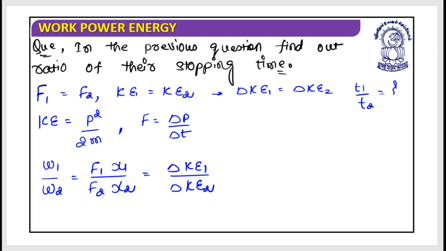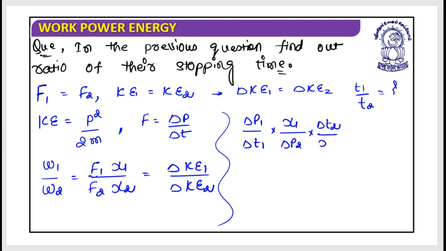Now I can replace the force with the help of delta P by delta T. So it's delta P1 divided by delta T1 multiplied by x1, over delta P2 divided by delta T2 multiplied by x2, equal to the change in kinetic energy 1 divided by the change in kinetic energy 2. Is it clear?